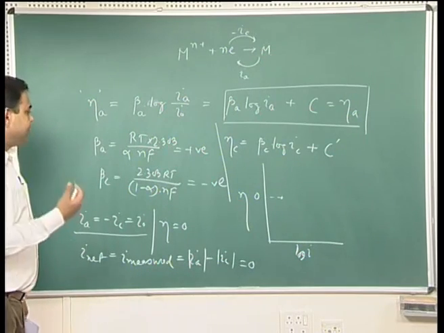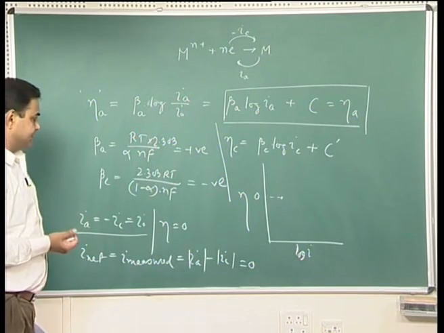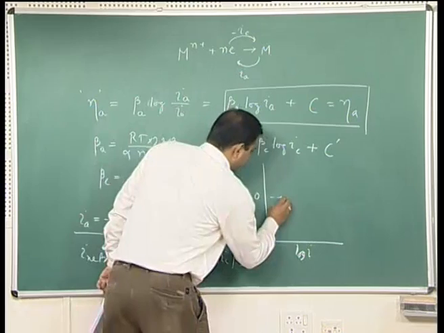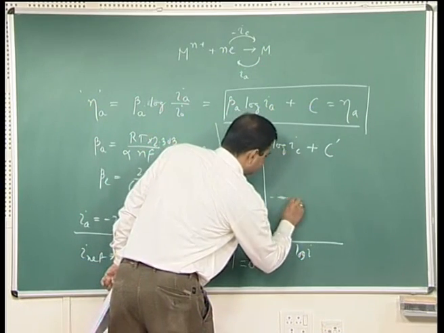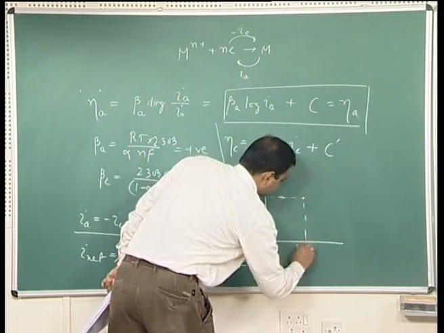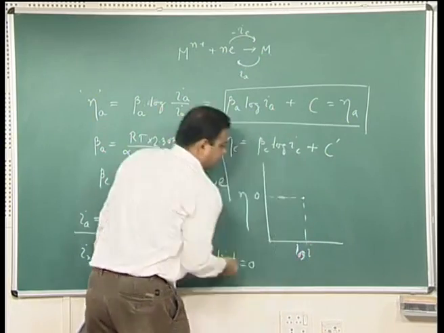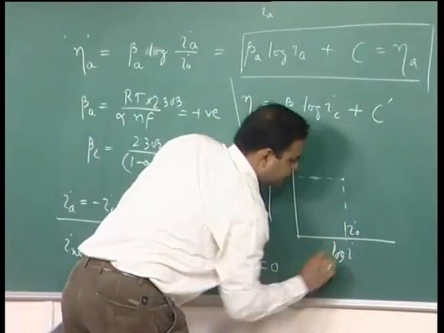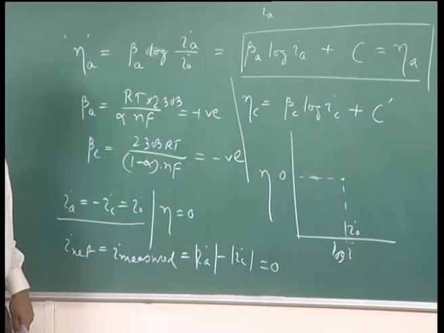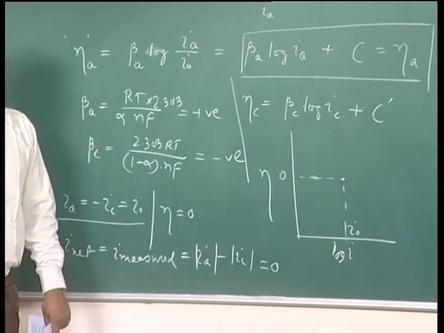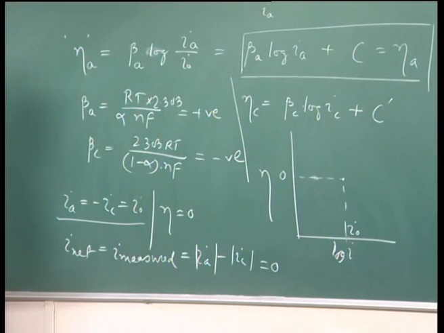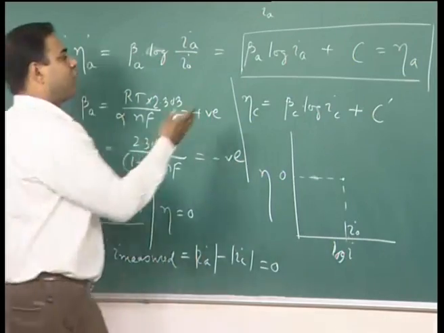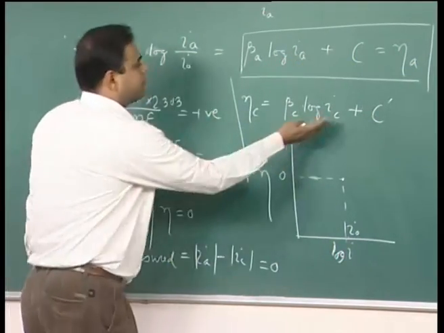So, I won't have any net current in the system. So, let us say this is my point, which corresponds to some I, that would be I0. And now, if we would like to see the cathodic polarization or anodic polarization, I need to find out what would be my I A and what would be my I C.